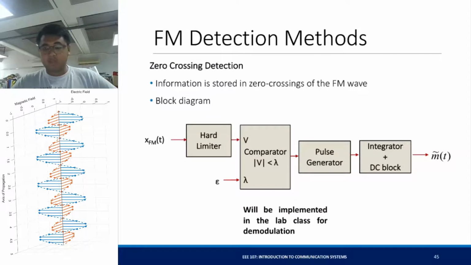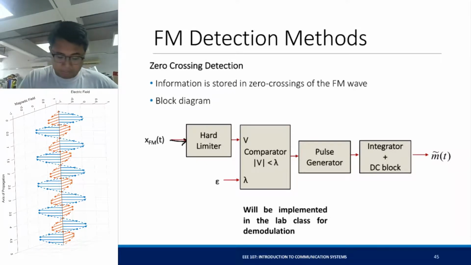Okay? Another way to detect FM is to use the zero crossing. Recall that the zero crossings of an FM wave contain information about the message signal. So the block diagram looks like this. You have a hard limiter, which will limit the FM signal that will go in the comparator so that it won't break.